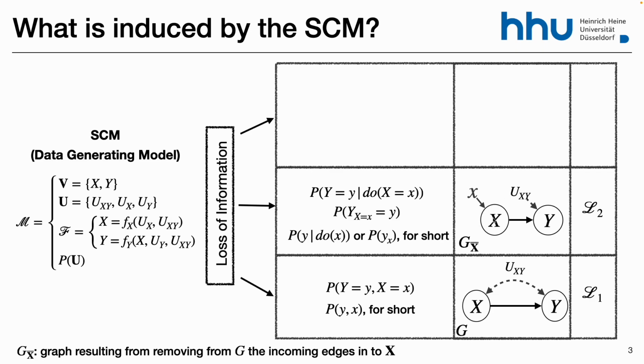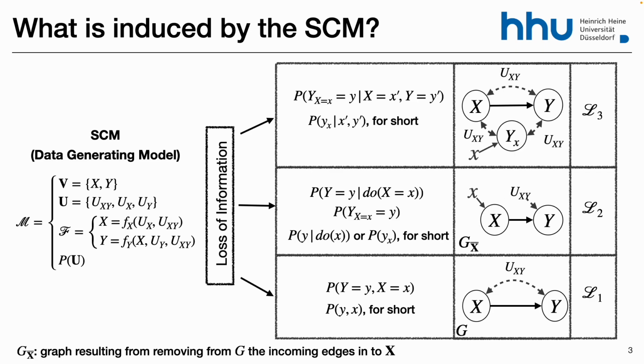this X. When I move to the third rung, things start to be a little bit more complicated, because in this query here, I'm asking something where there are two different roles happening. It's like, what would be the probability of the variable Y if I do this intervention, but something happened already.